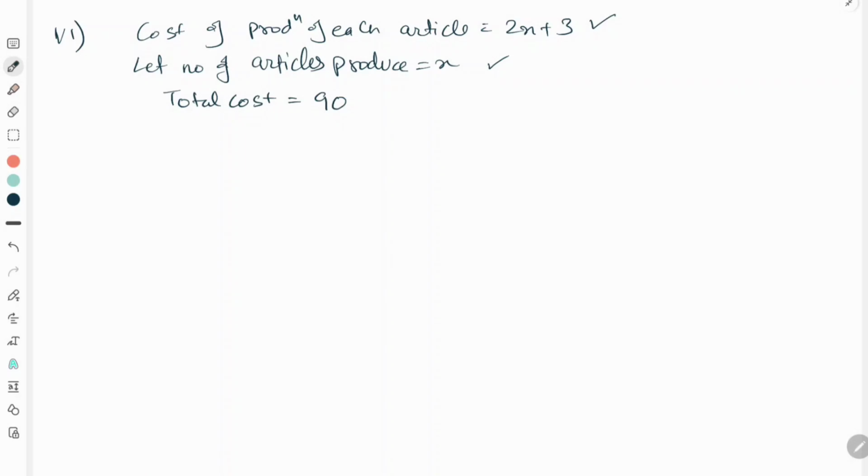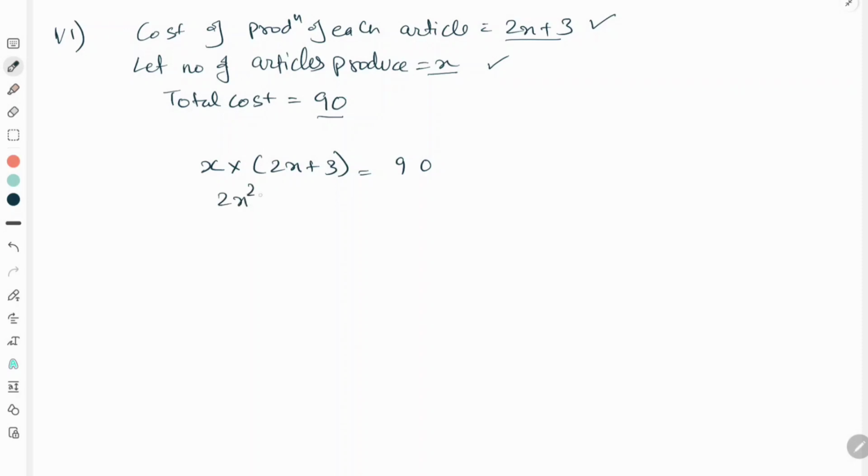Okay, so now we have the number of articles, the cost of each article, then we have the total cost. Suppose you have the number of articles and the cost of producing each article. How can you find the total cost? You can find it by multiplying the number of articles with their cost. So in this way you can find the total cost.